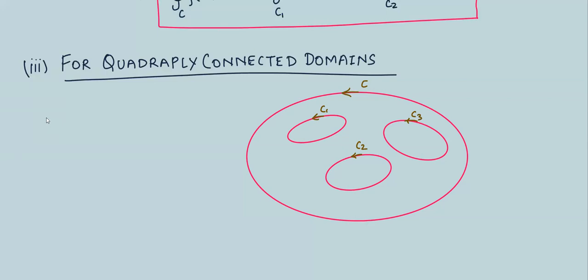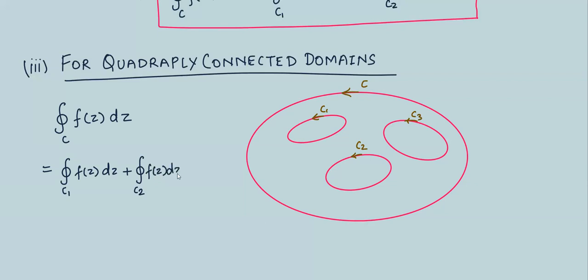Now by Cauchy's integral theorem for multiply connected domains, we get that the closed loop integral over C will be equal to the integral over closed loop C1 plus the integral over closed loop C2 plus the integral over closed loop C3.